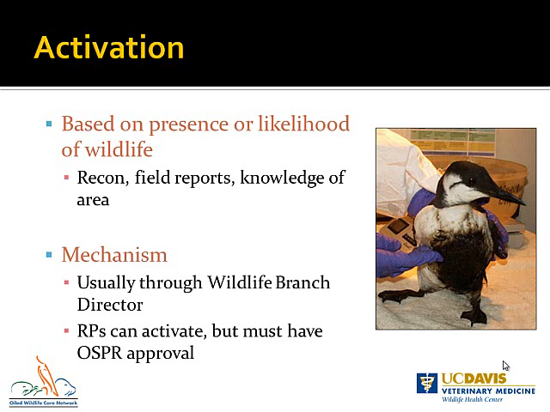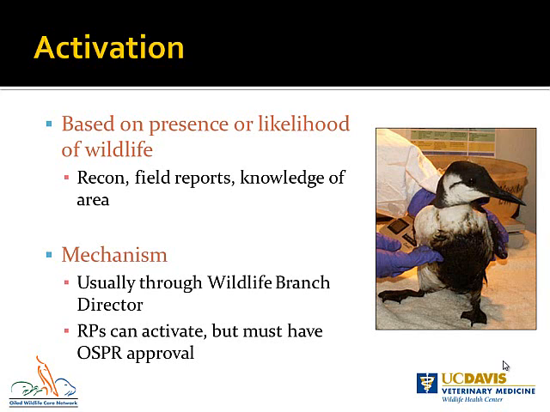Okay, so activation is based on the presence or the likelihood of animals getting oiled, and Holly covered a little bit of this. This is from the reconnaissance, if there's reconnaissance out there that can actually see large rafts of birds or rookeries or large numbers of animals in the location of the spill.